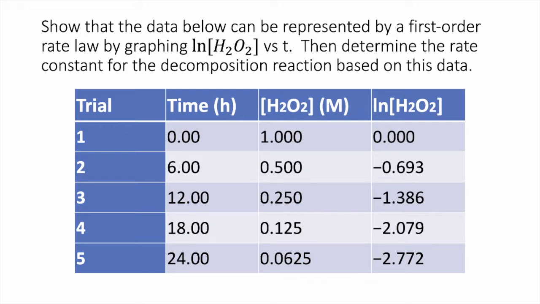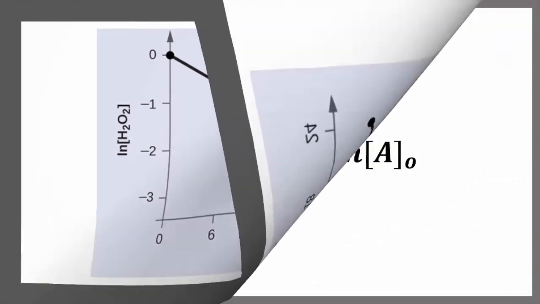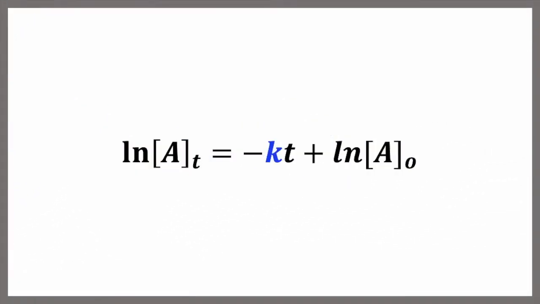We take this data and we plot the natural log of the concentration of hydrogen peroxide versus time, and we see we have a straight line with a negative slope. And this is classic for a first order reaction. Now, if we want to find k, we take the negative of the slope of the line.